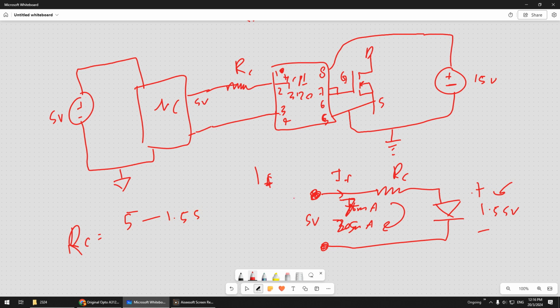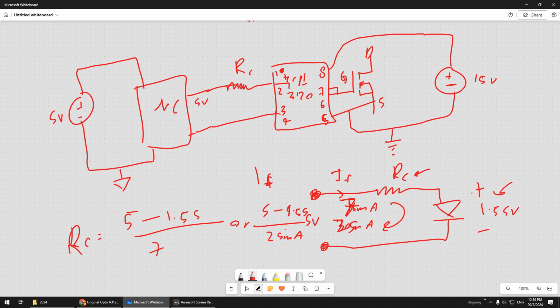Then you get the voltage here, and you divide by the turn on current 7 milliampere and the maximum current, or 5 minus 1.55 divided by 25 milliampere.